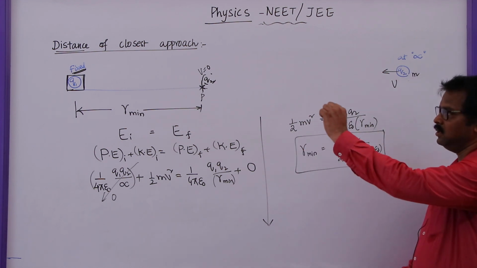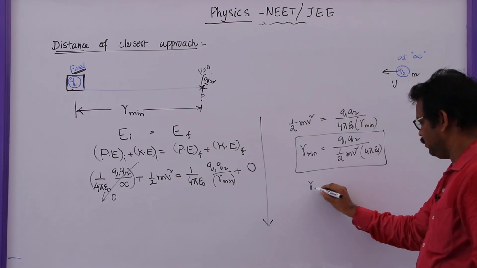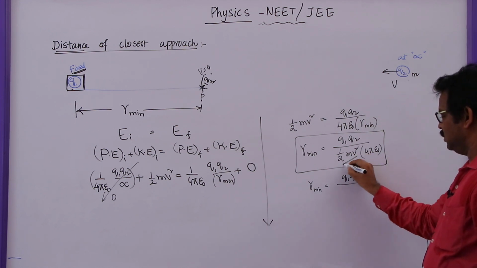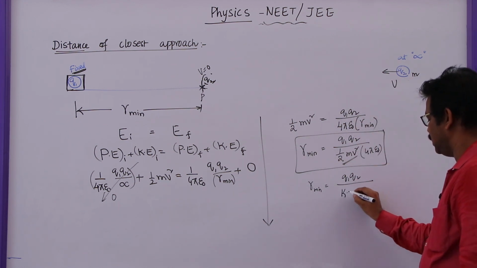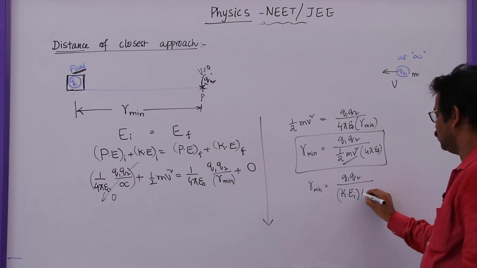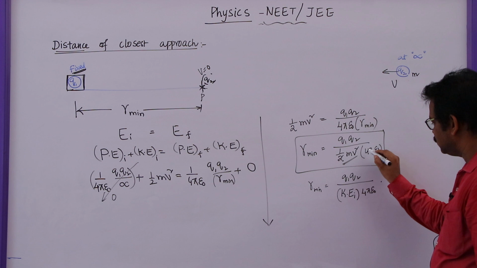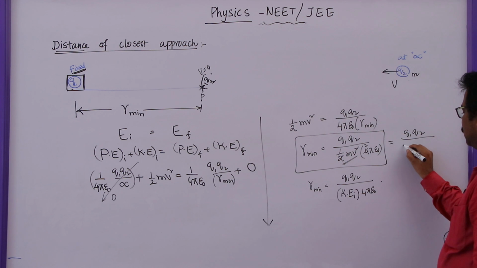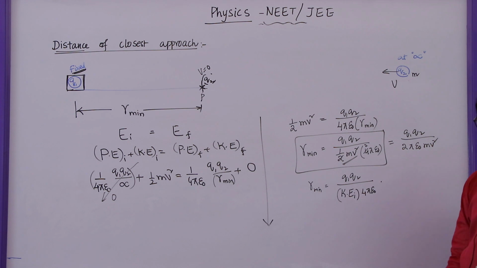So this is the distance of closest approach, and this can also be written as R minimum is equal to the product of the two charges by the initial kinetic energy of this charged particle. So we can write it as K initial or KE initial into 4 pi epsilon naught. But here if you cancel this 2 and 2, this can also be written as Q1 Q2 by 2 pi epsilon naught mv square is the minimum distance.